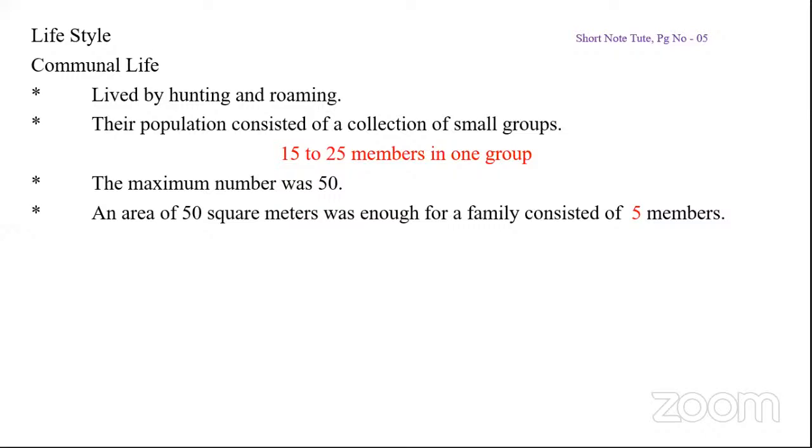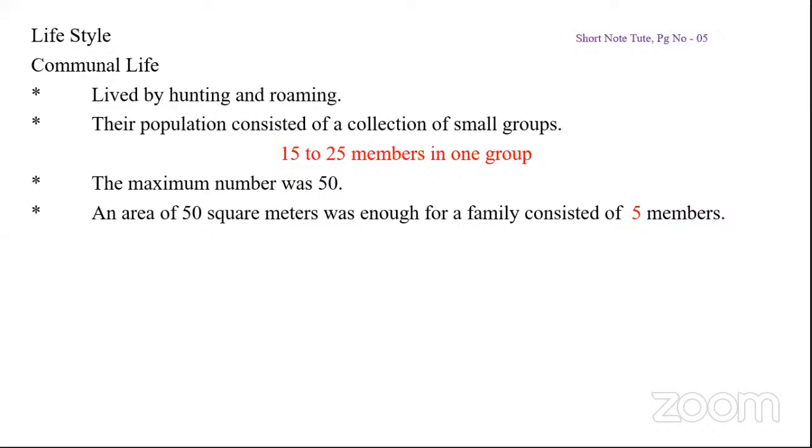What do you mean by roaming? They had to go to find an animal for hunting. Sometimes they were walking in the forest for 7 or 8 days to find an animal, because finding an animal and hunting is very difficult, and frequently they won't find animals.